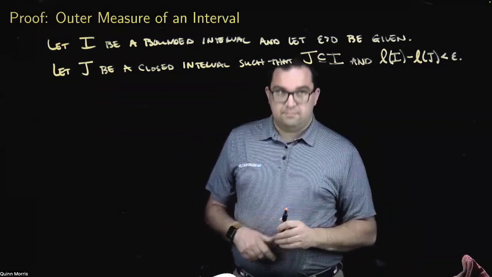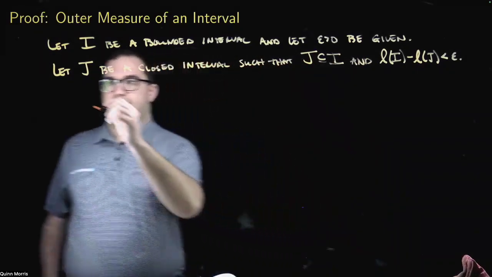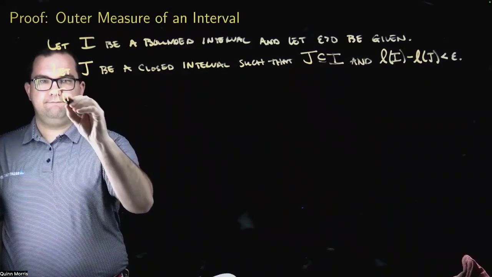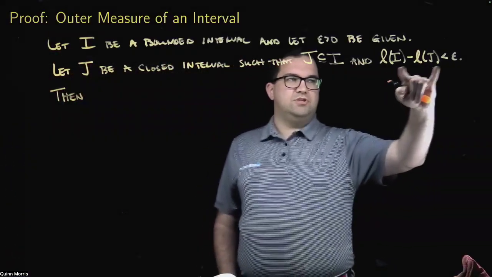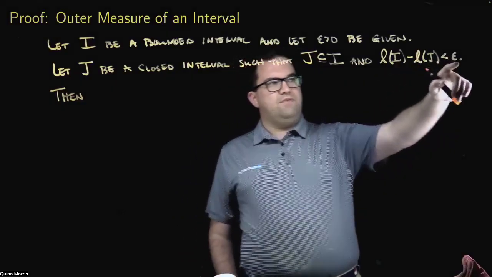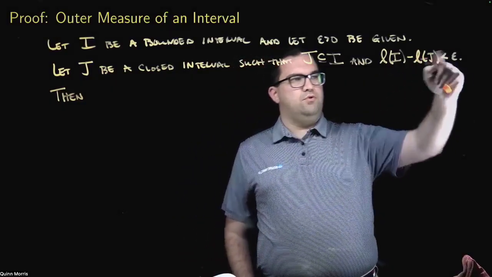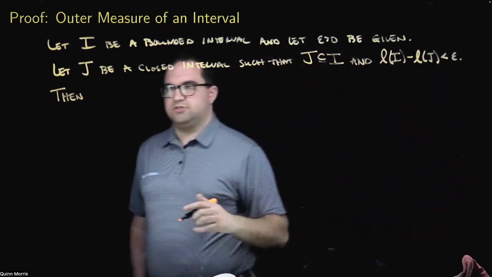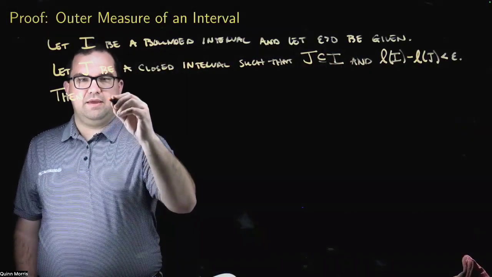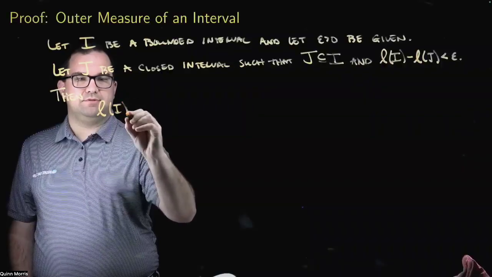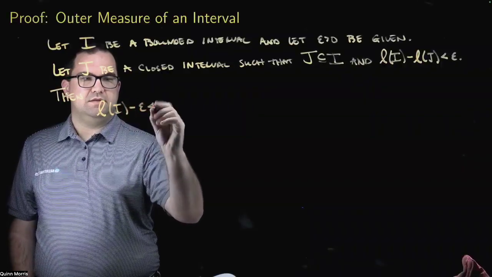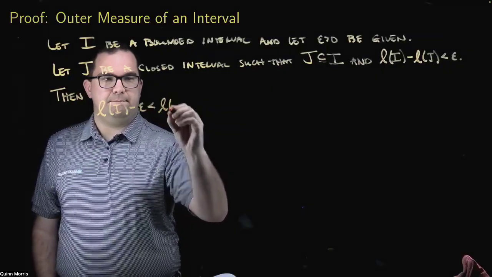All right, now if we do that, so what happens? Well, let me rearrange this. If I move the epsilon to this side and move the length of j to the other side, that inequality gives me that the length of I minus epsilon is less than the length of j.